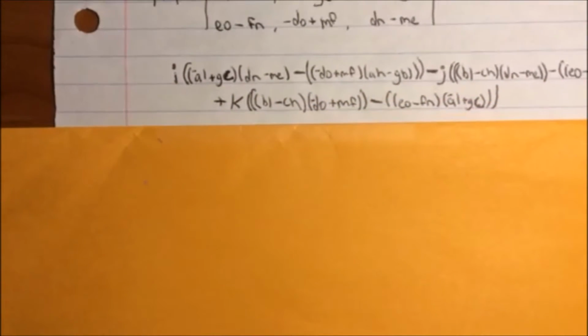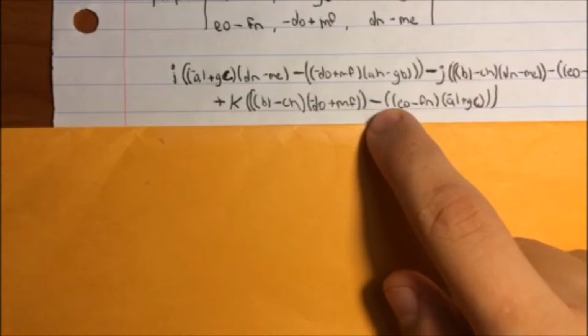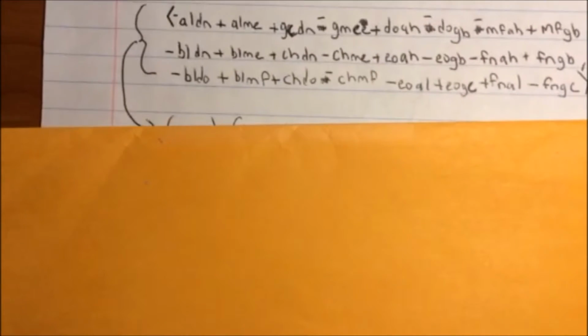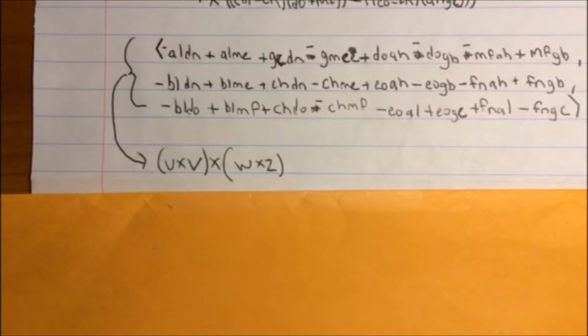But anyway, this is the vector that's non-simplified, and then this is the vector that is simplified. And we'll stop here and then do the right side of the equation.